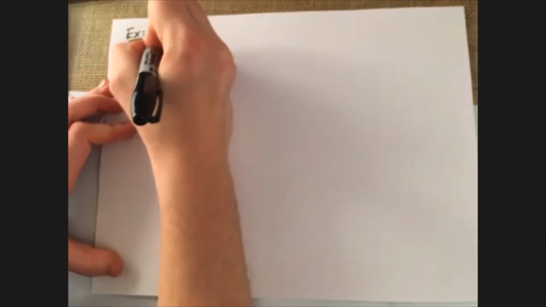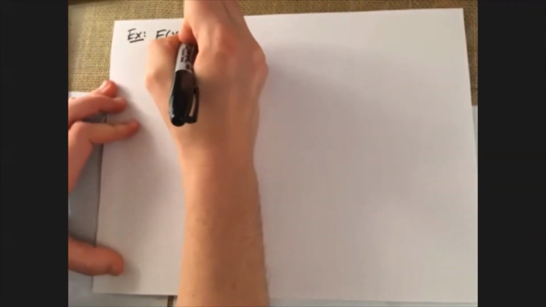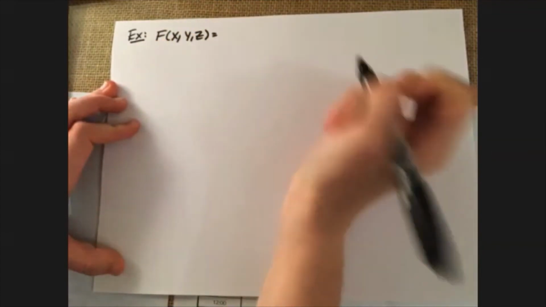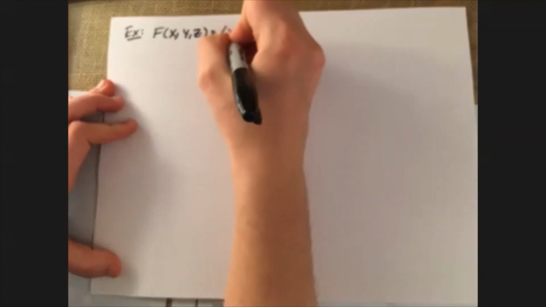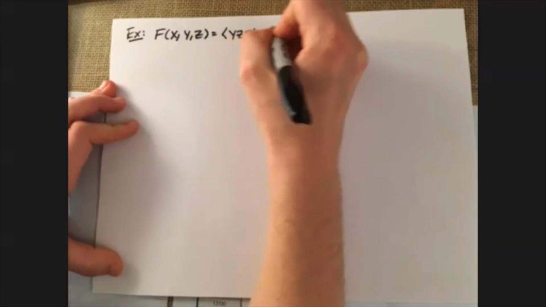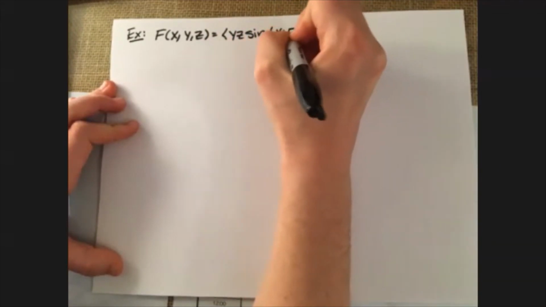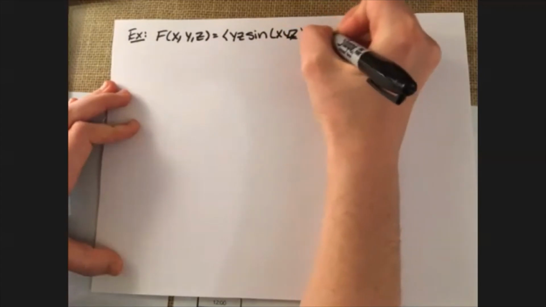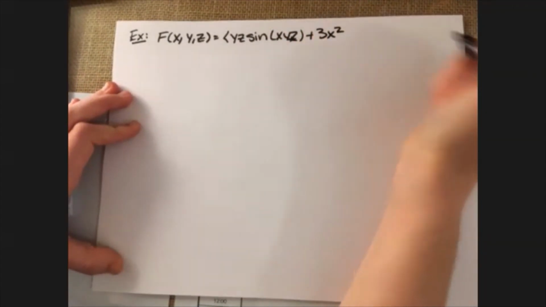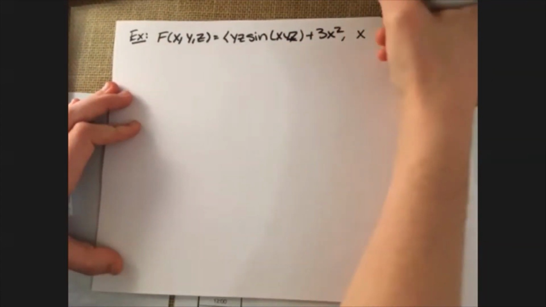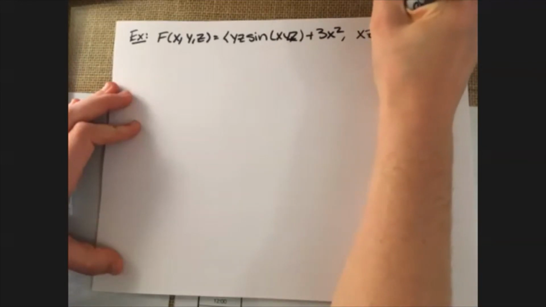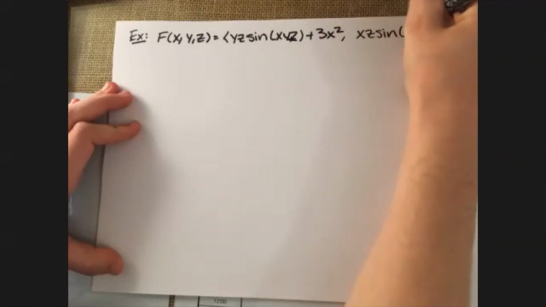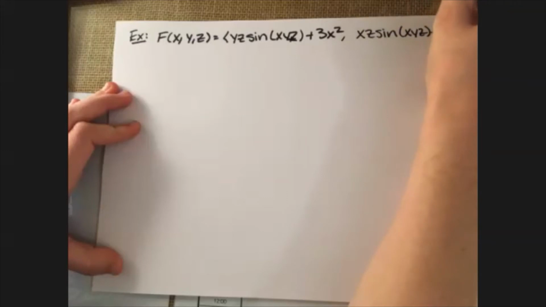we are going to be looking at F(x, y, z) equal to yz sine of xyz plus 3x squared, xz sine of xyz plus 2y.